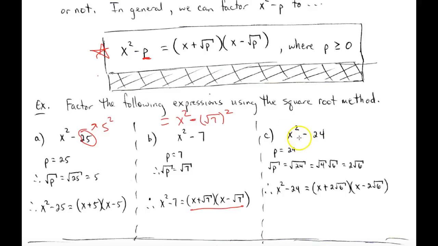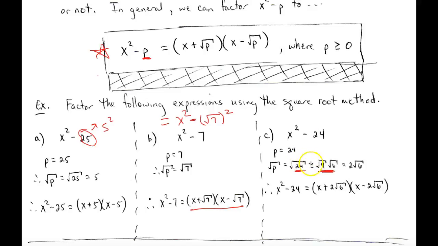In the case of x squared minus 24, 24 is not a perfect square, and the square root of it is not just some single irrational number. When we take the square root of 24, we have to break it down, since we know that 4 times 6 is 24.